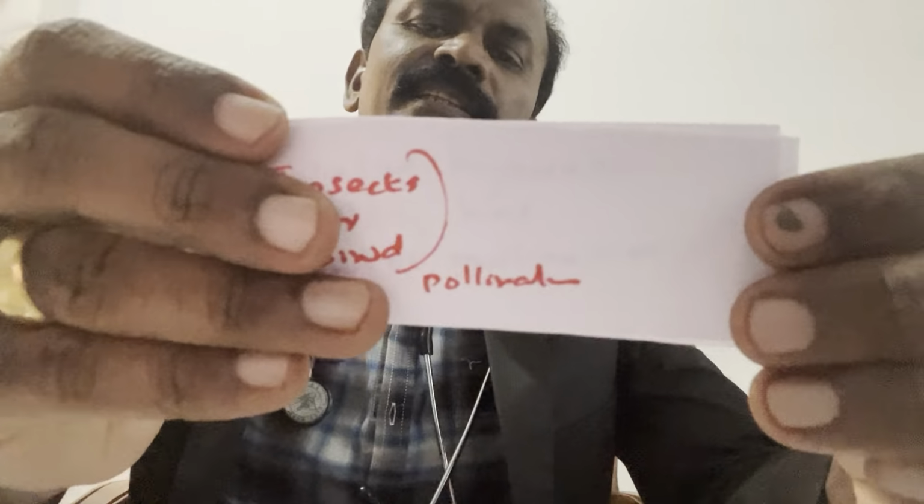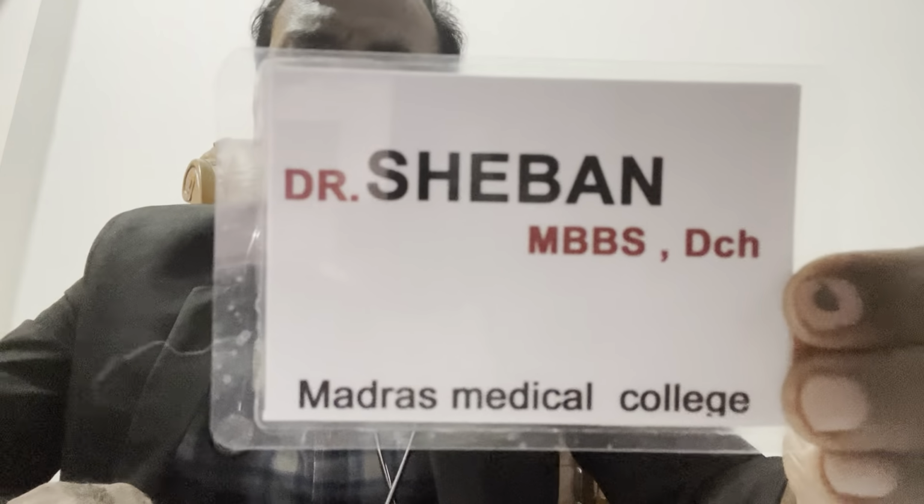Ribose is a dash sugar. Repeated MCQs. Ribose is a pentose sugar. Or they will ask, which of the following is a pentose sugar? Pentose sugar example is ribose. So when they ask this question, you must remember.